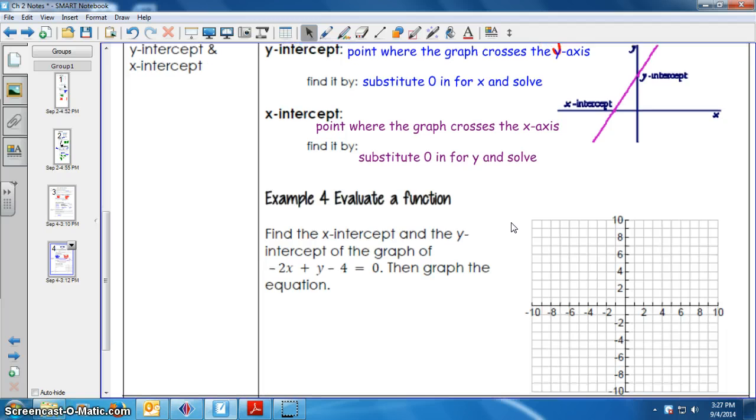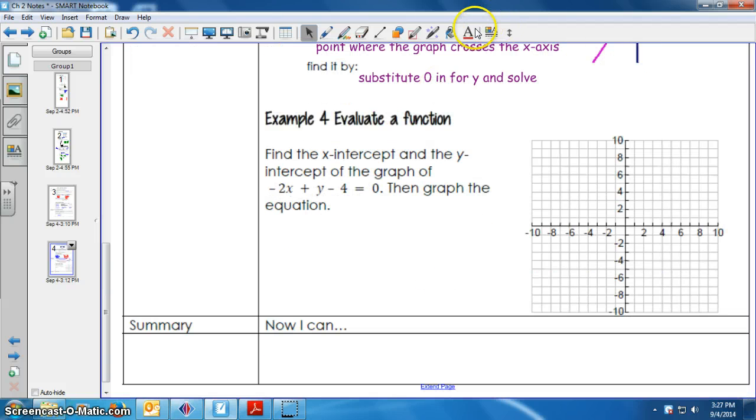All right, so let's practice. Here is our equation that we're going to graph. We want to find the x and the y-intercept. So let's substitute 0 in for x and solve, and then we'll substitute 0 in for y and solve. So what that would look like, let's use green, would be just to take our equation and plug in 0 for x.